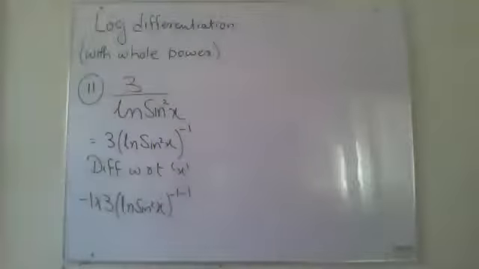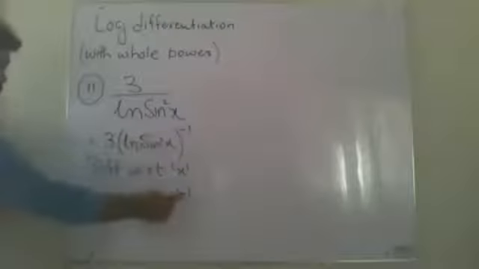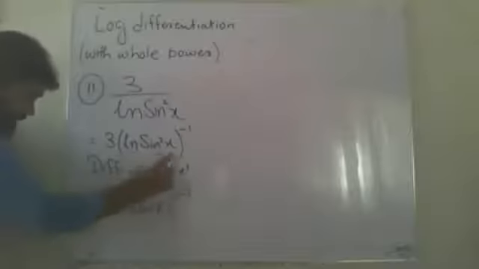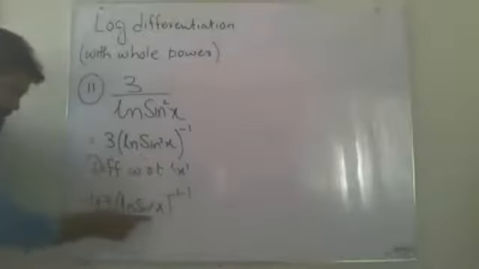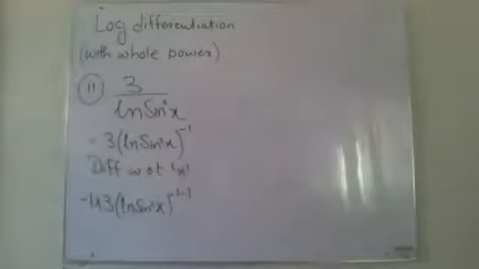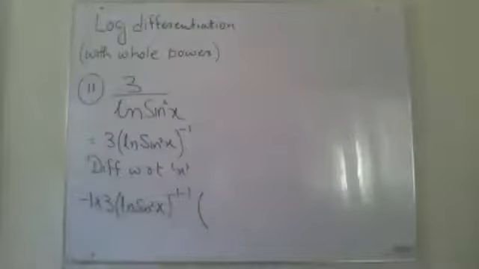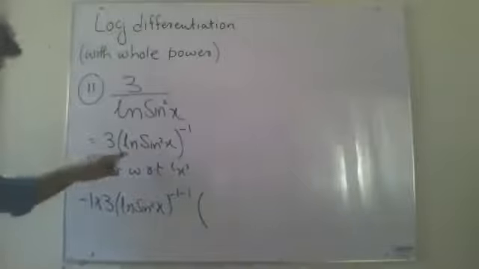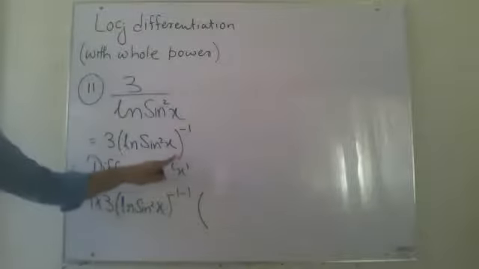That's my first step. There is no change inside the bracket; the bracket is as it is. After that, I'm going to differentiate my bracket. Now I'm going to talk about whatever is written inside.